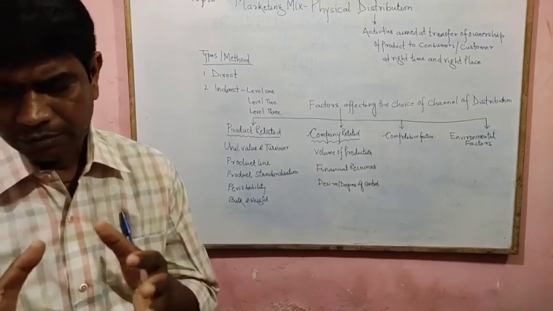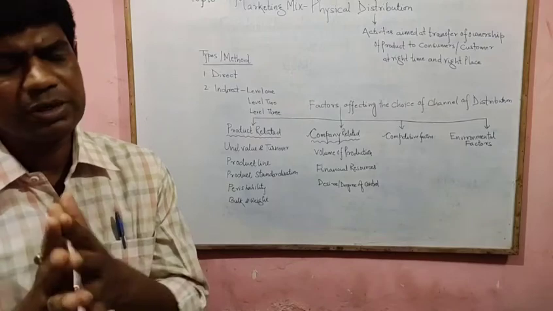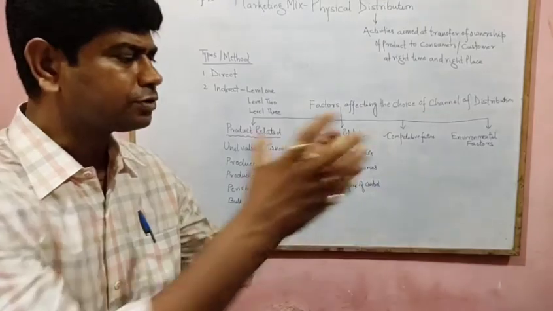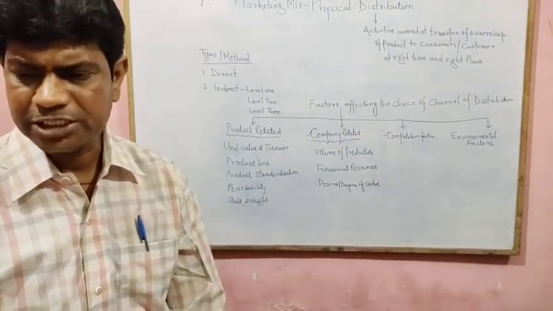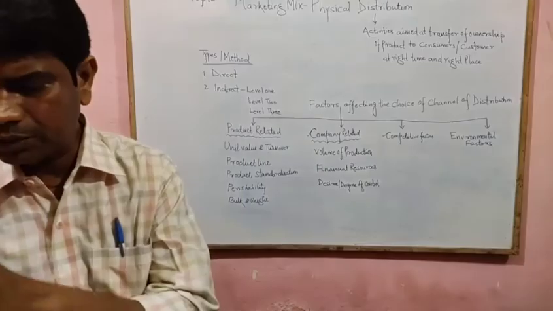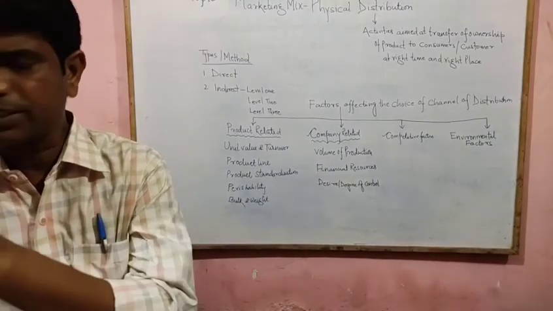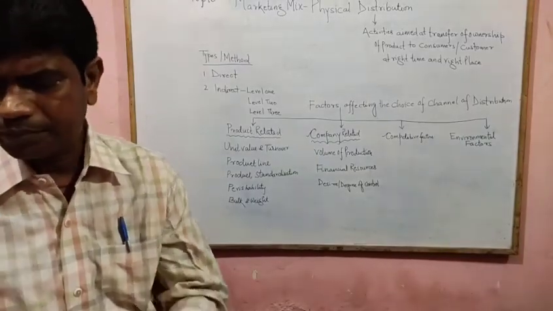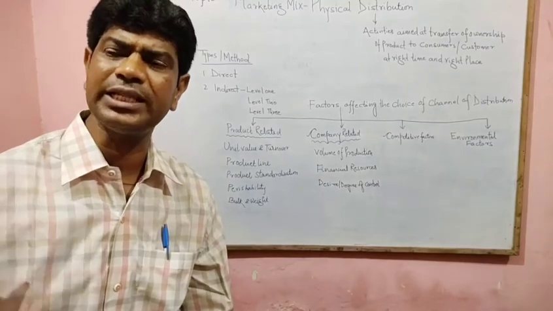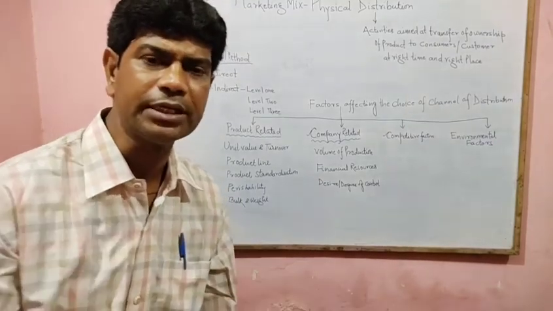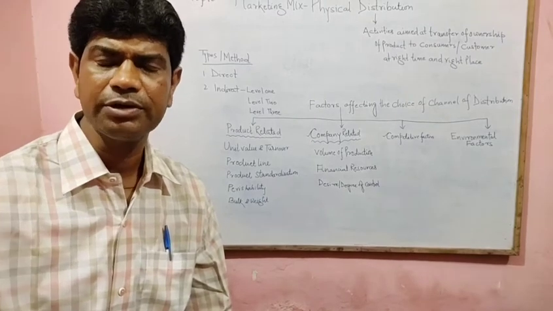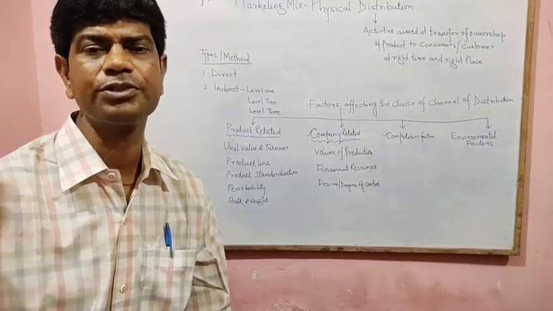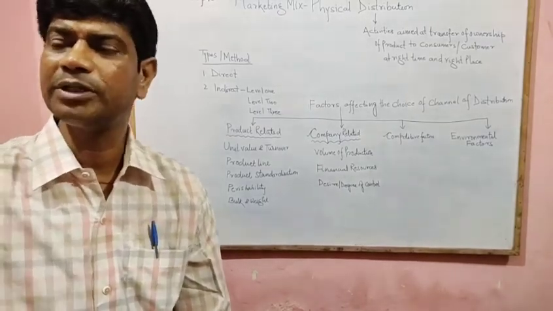Sorting means that middlemen get a variety of goods from various producers, and then sort out the different goods according to size, demand, quality and nature, so the goods are differentiated before they are sold. So they provide the function of sorting depending upon the types of demand.